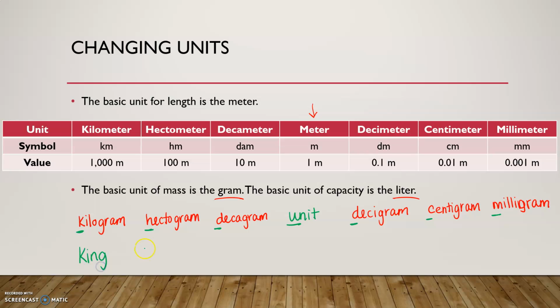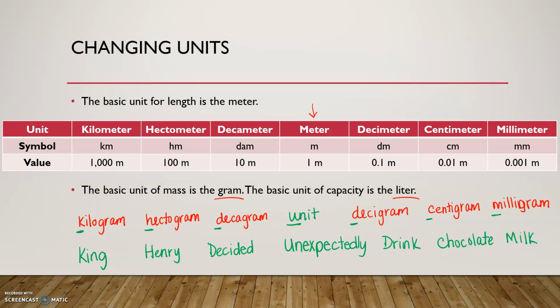King Henry died unexpectedly, actually we'll say decided unexpectedly to drink chocolate milk.